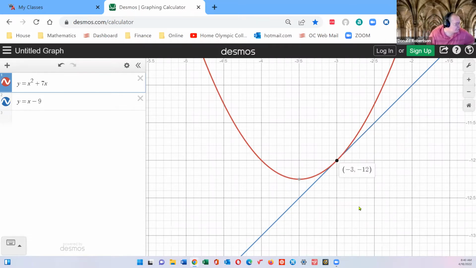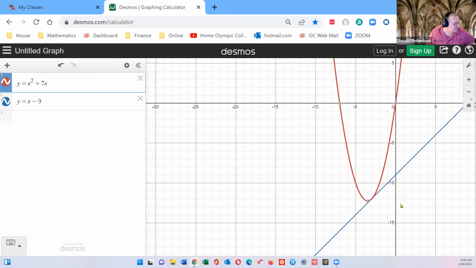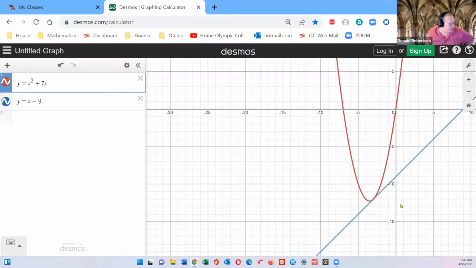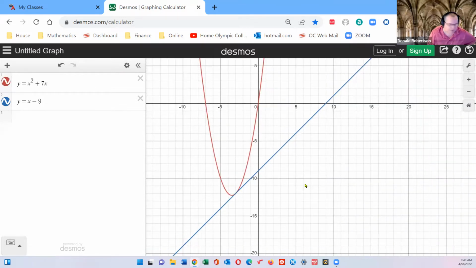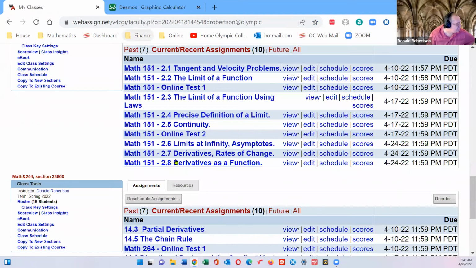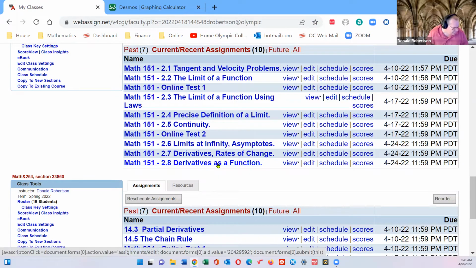So if I zoom out a little bit, see the bigger picture, one of your 4 pictures in your homework will look like that guy, and you will pick that as your answer. Okay. Any questions?